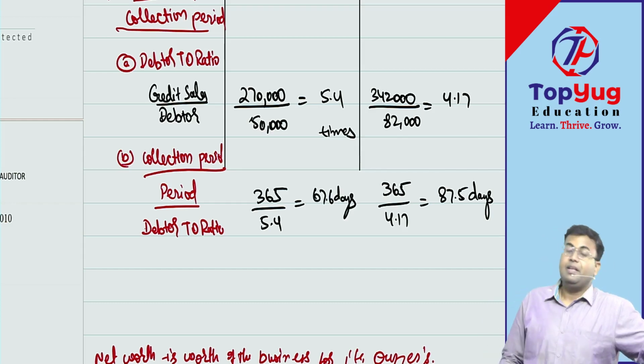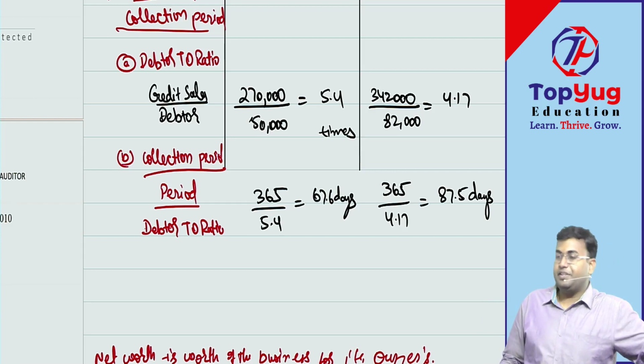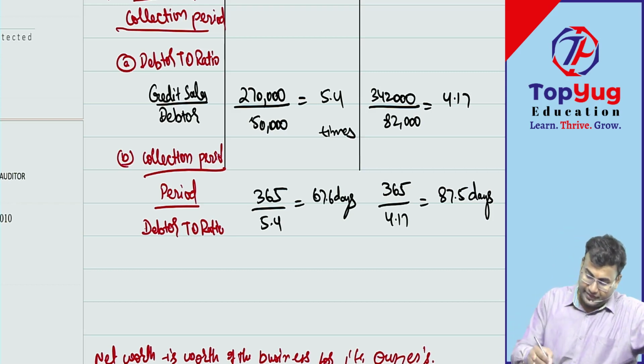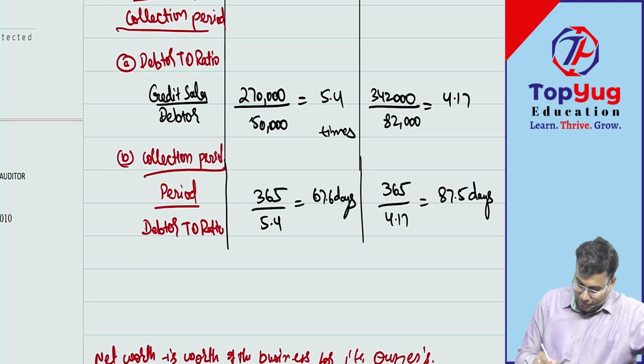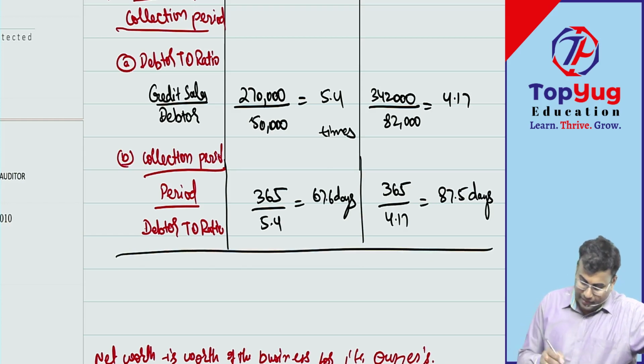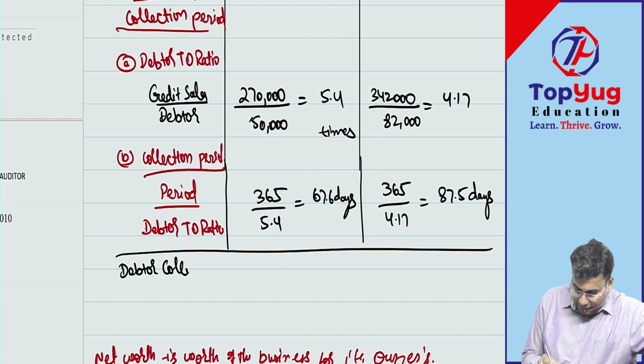Okay, when you refer institute study material, they will give you a fancy formula. Let us see that fancy formula. So answer is completed here, right? Please hold on your pens, I will just give you, my answer is completed. Okay, debtor collection period, they will give you a fancy formula.